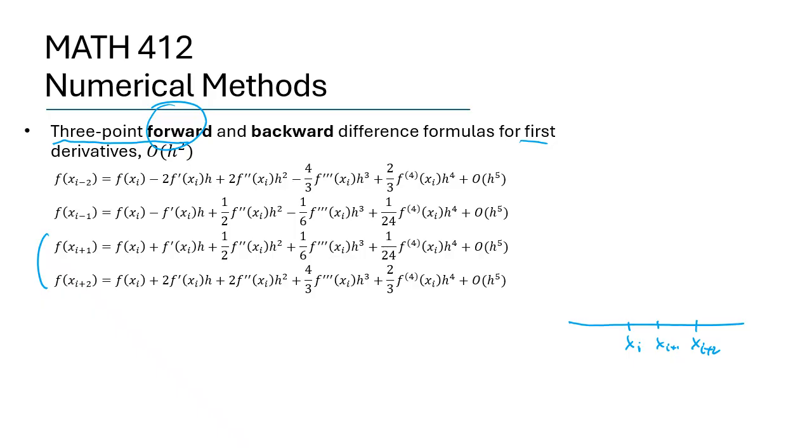Or actually, if you really want 3 points, you put f of x i here. You use this 3 for forward, this 3 for backward. Actually, this f of x i we really don't need to worry about because we have it in the expansions.